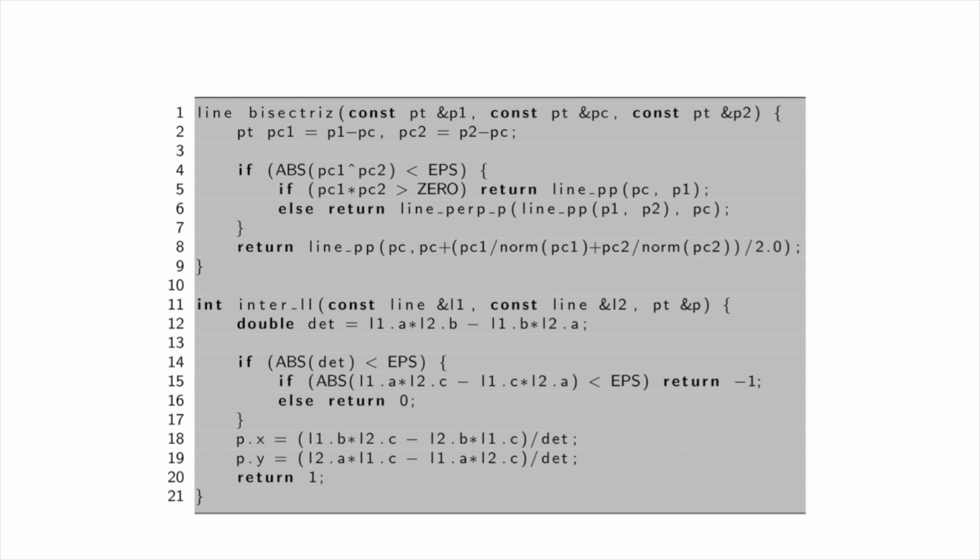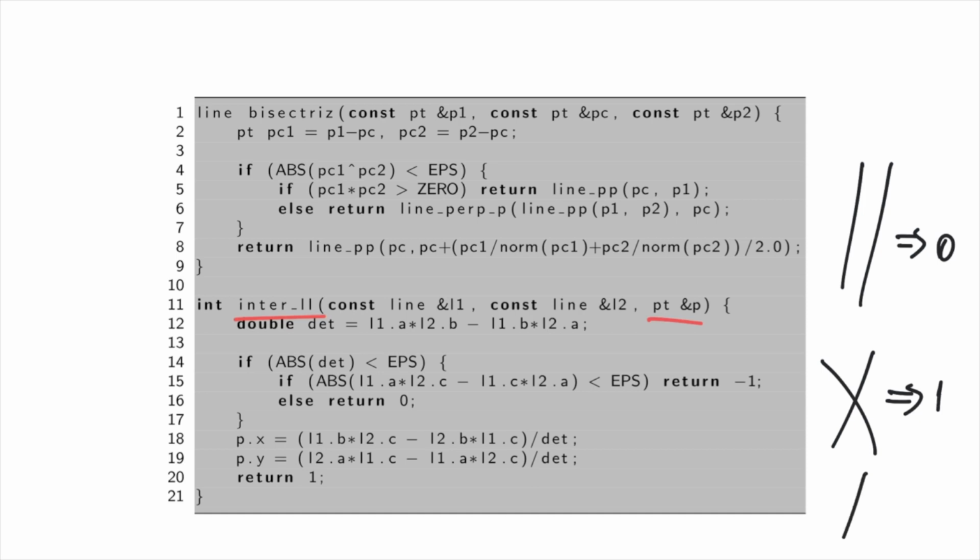So for example, you can define a function to determine whether two lines intersect, and if they do intersect, give me the resulting point. Two lines can either be parallel and they don't intersect, so this means zero intersections. They can cross each other and have one intersection, then there is a point, or they can be one over the other, and then there's an infinite number of points that belong to both lines.